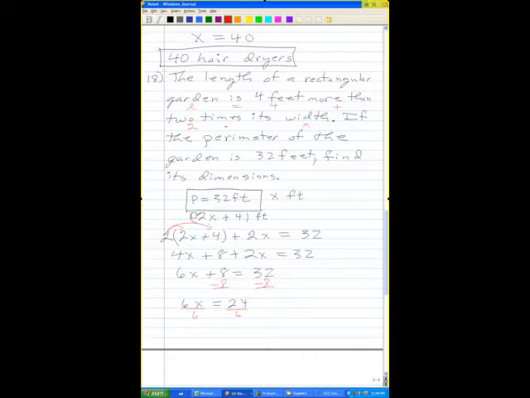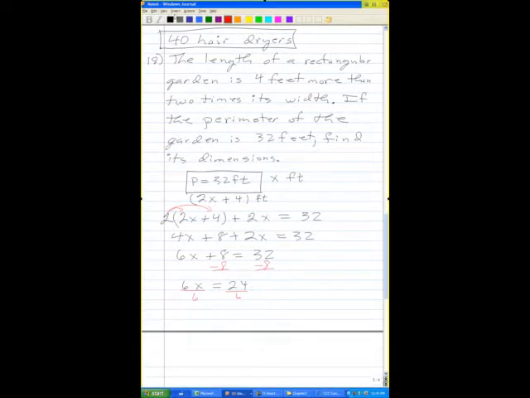And so the length here is just 2x plus 4. Any questions about that? And now the perimeter is just twice length plus twice width.